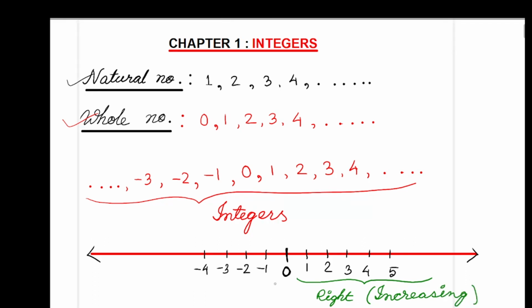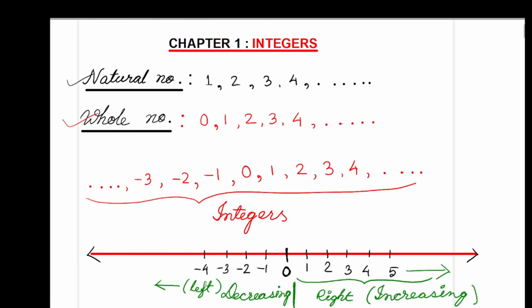And towards the left, it is decreasing. From 0 towards the left all the negative numbers are in decreasing order, and from 0 towards the right all the positive numbers are increasing.